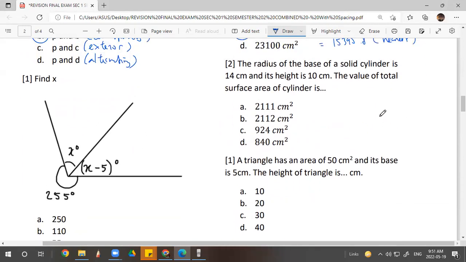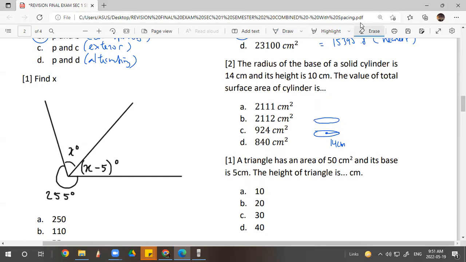The radius of the base of the solid cylinder is 14 cm and the height is 10 cm. Okay, we draw the cylinder first. I think that's better. It is not drawn to scale, I'm sorry, so I draw it like this to make it easier to see.